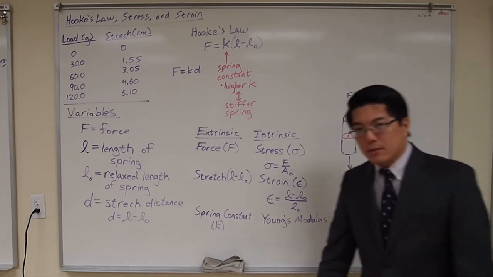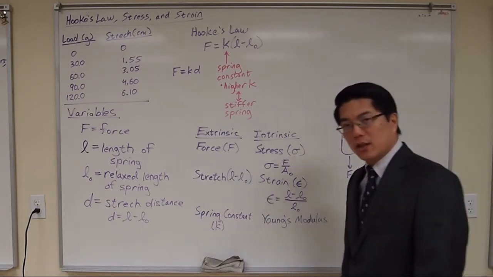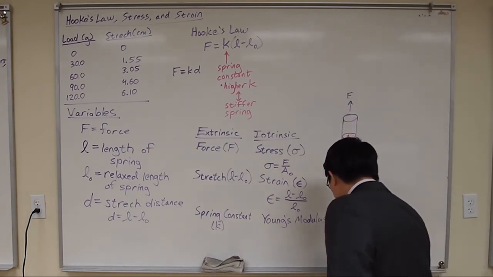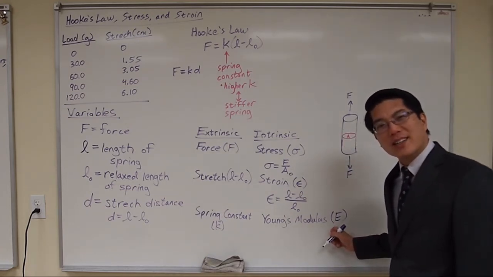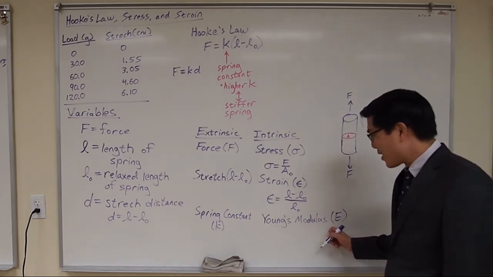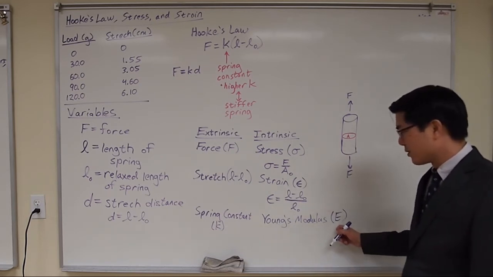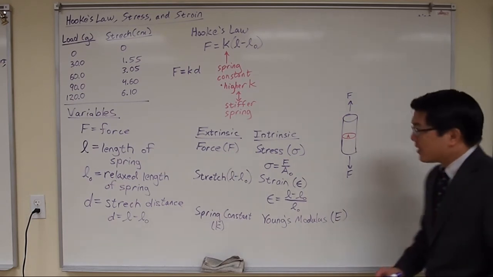For reasons that are outside of my understanding, the abbreviation for Young's modulus is capital E. Oh, actually, maybe I do know why this is abbreviated capital E. Sometimes Young's modulus is also referred to as the elastic modulus. That kind of makes sense, right? Must be right. All right.